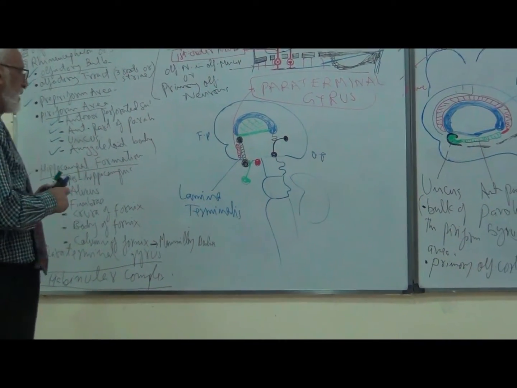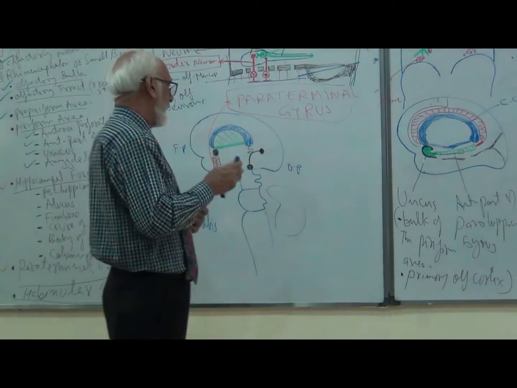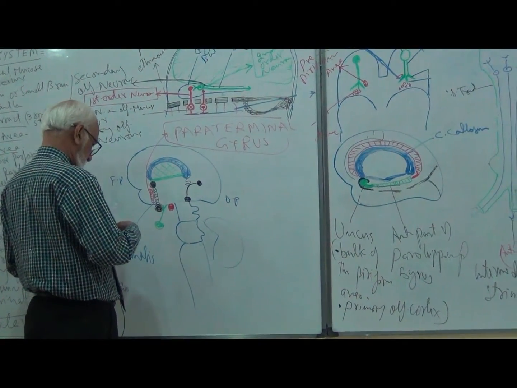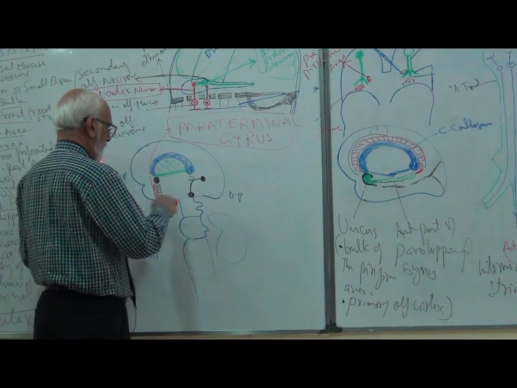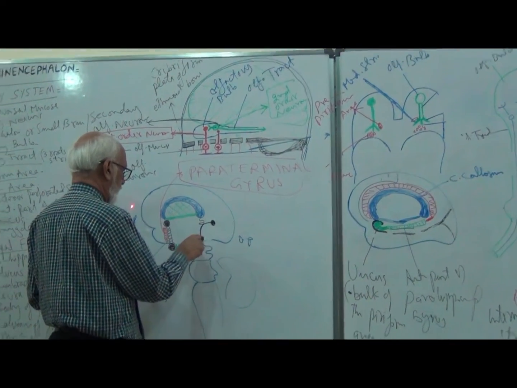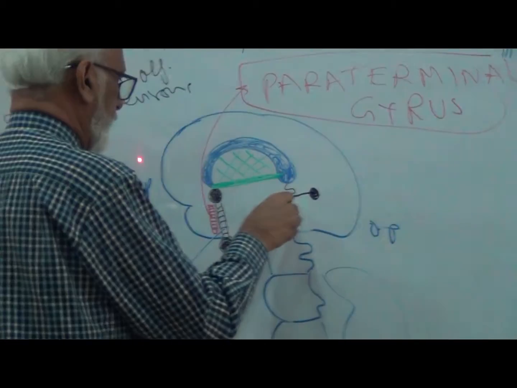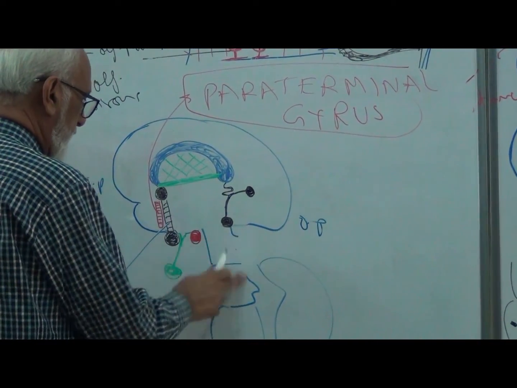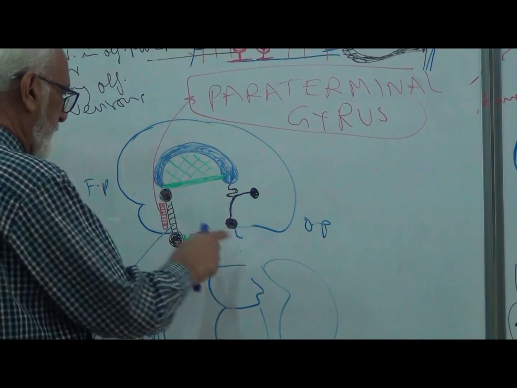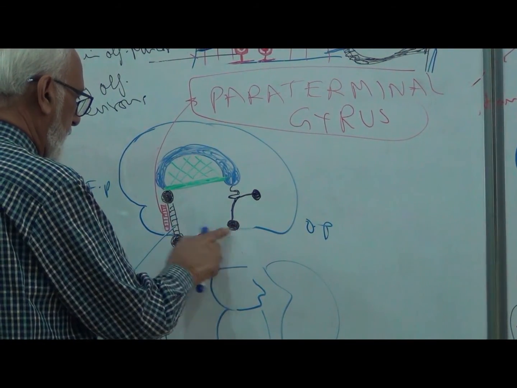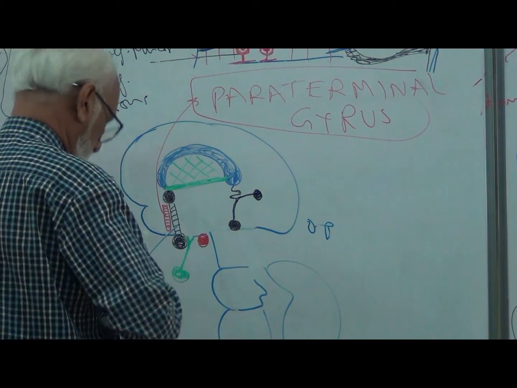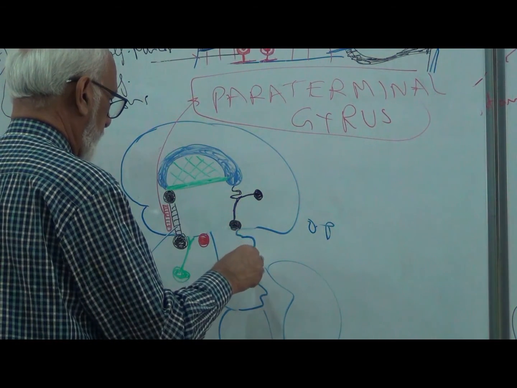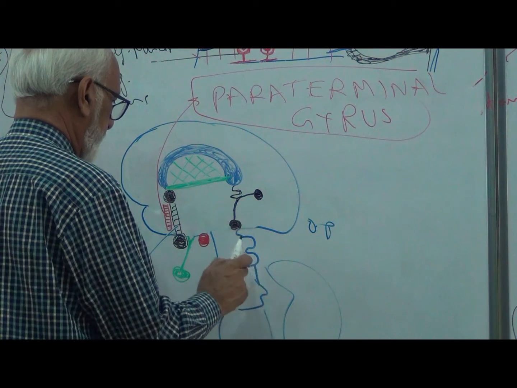Next, habenular complex. This is the posterior commissure and posterior wall of the third ventricle, pineal body, and this is lateral view of the midbrain. There is superior colliculus and inferior colliculus.